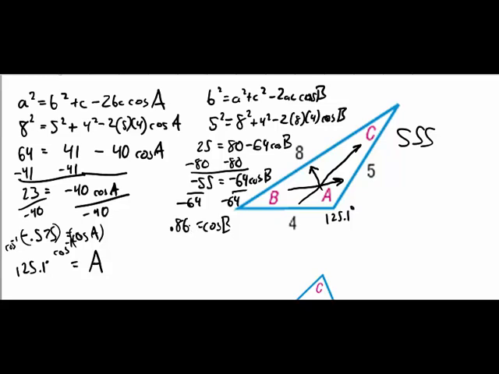I take the inverse cosine of that long decimal, and I get a B value, which is my angle B, of 30.8 degrees. So B is 30.8 degrees, which means my angle C, if I subtract 180 degrees minus 125.1 and 30.8, gives me 24.2 degrees. And that is my third of 4 examples.